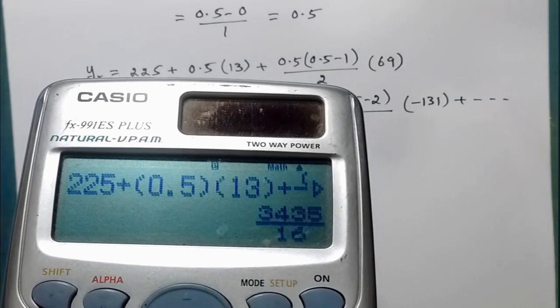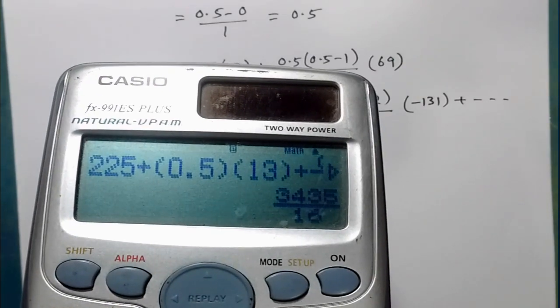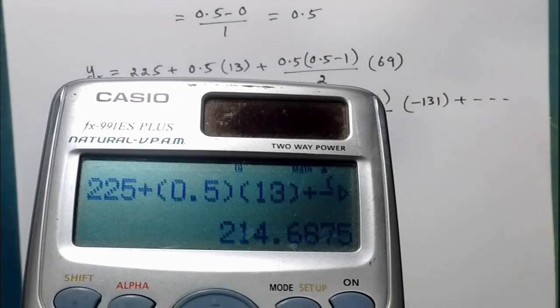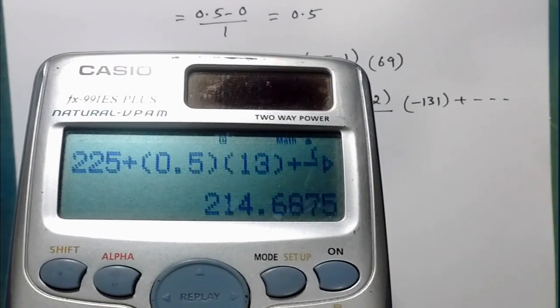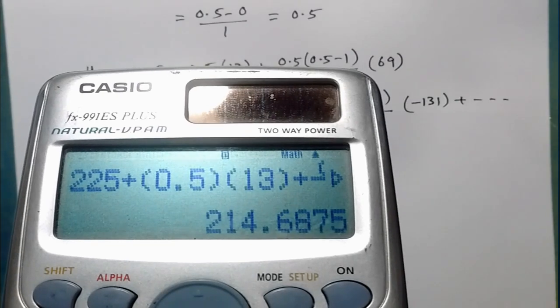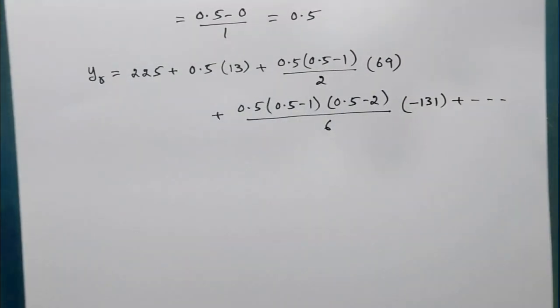The solution is in terms of a fraction. If you press SD over here, you will get it in decimal form, so it is 214.6875. So let us write down that solution.